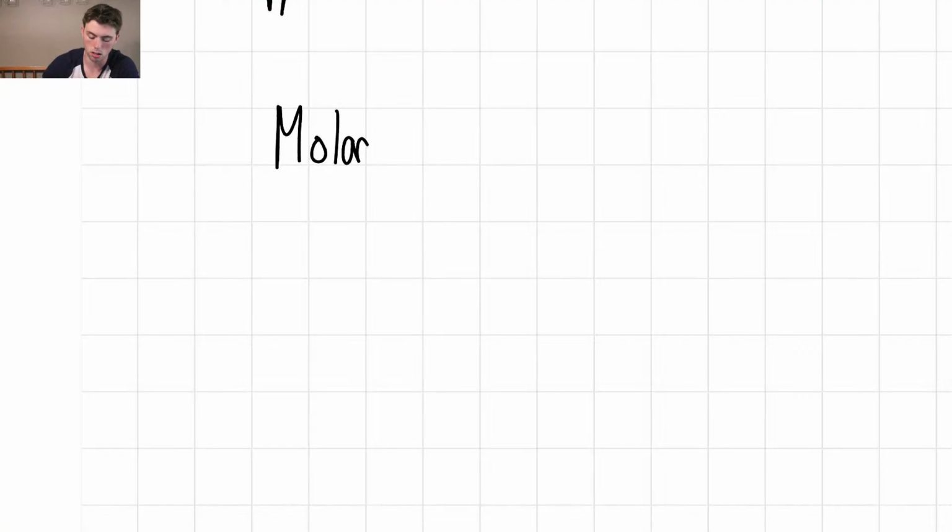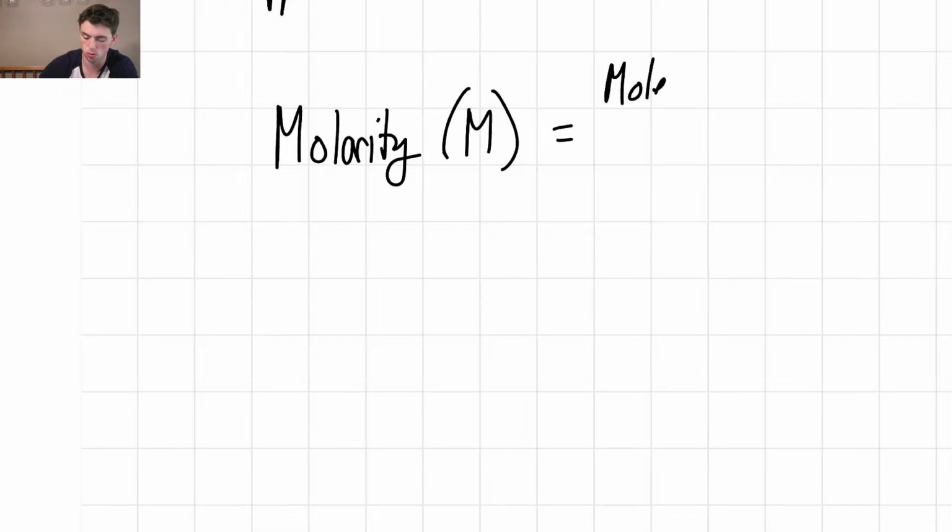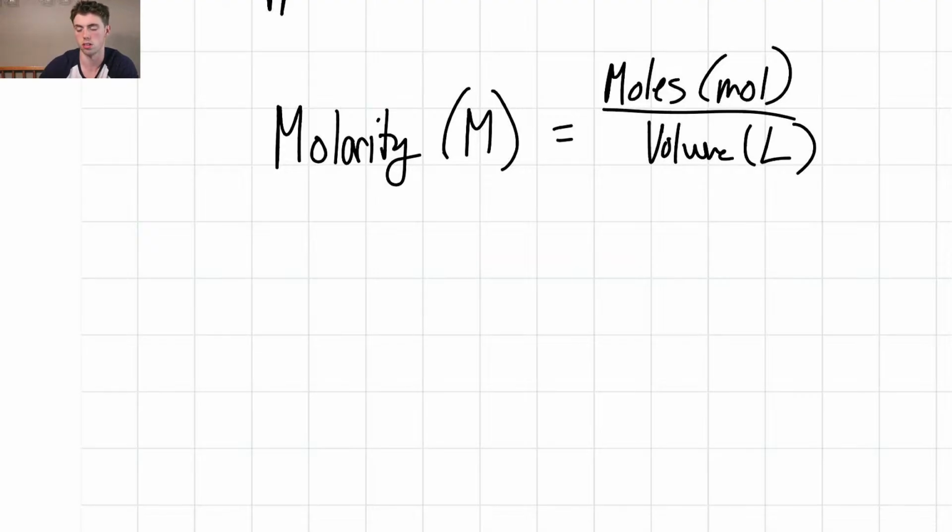So our molarity is M, so moles over volume in liters. And so again, that mole is just the amount of substance that they had. They've gone through and they figured out how to calculate all of that, which we can go through later, but again, it's not necessarily that important at the moment.